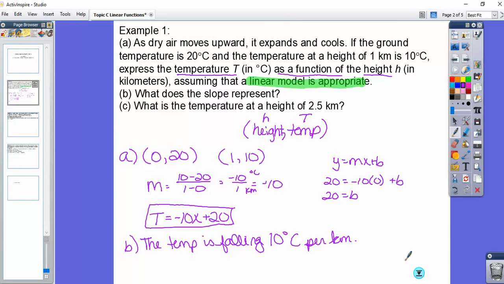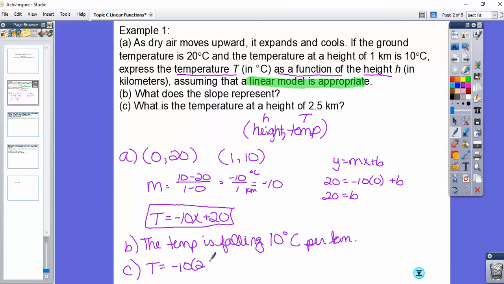Okay, there are other ways you can state that. I expect you to use the number in there somewhere, so I expect you to use the 10, and I expect labels, degrees Celsius per kilometer. Or you could say the temp falls 10 degrees Celsius for every kilometer that you rise. C, the temperature at a height of 2.5.